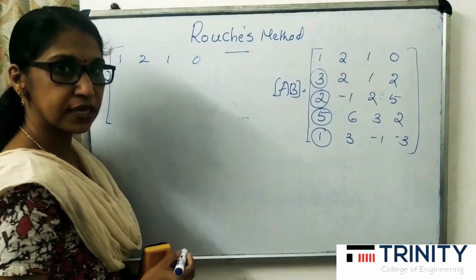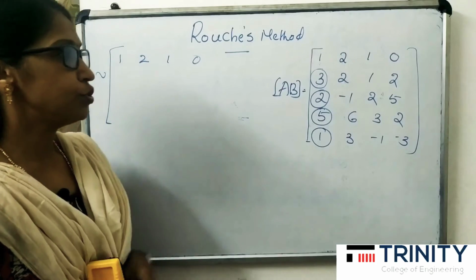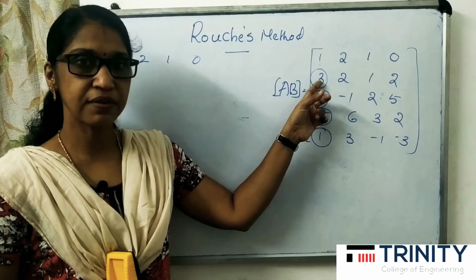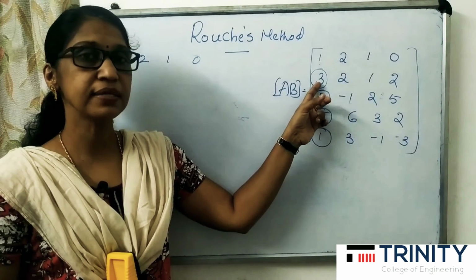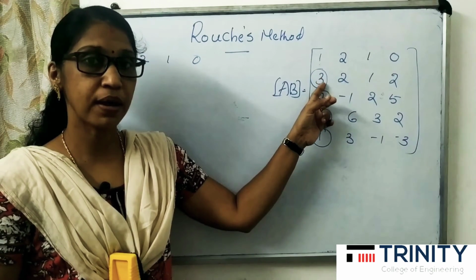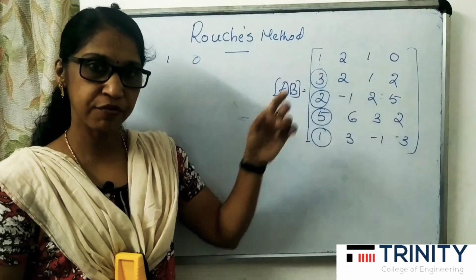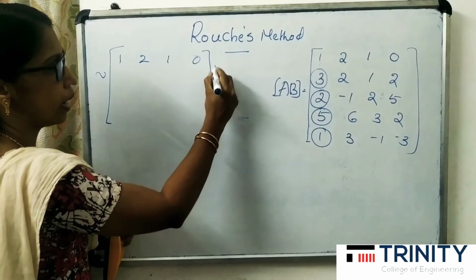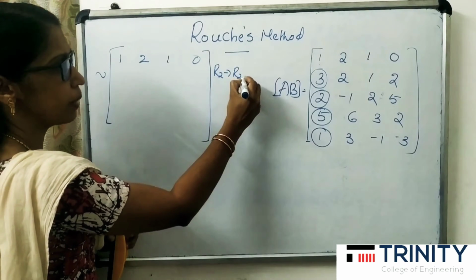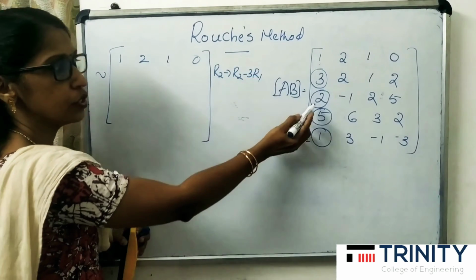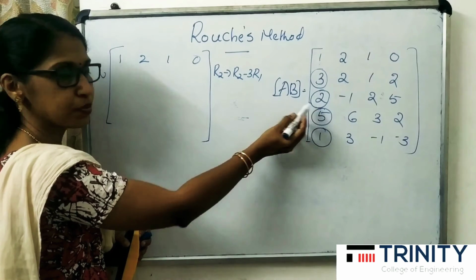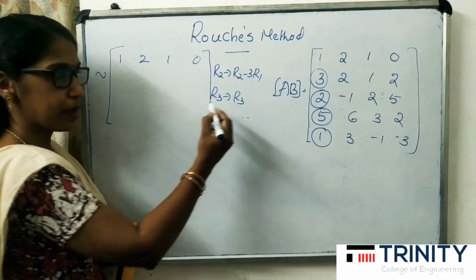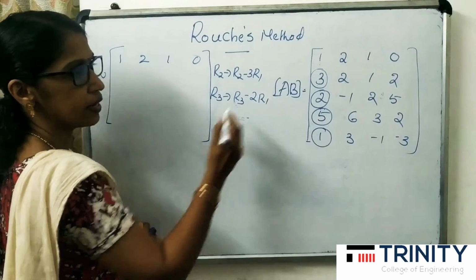For that, what is the elementary transformation? We multiply this row by 3 and subtract from this, and we get 0 here. That is, the transformation is R2 minus 3 times R1. So I am writing the transformations here. R2 gives R2 minus 3 R1. R3 gives R3 minus 2 R1.